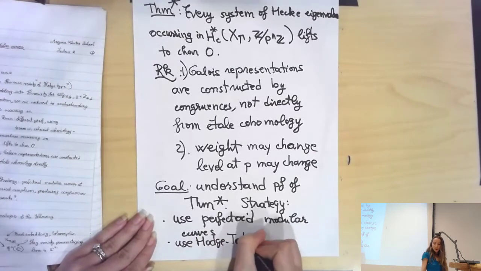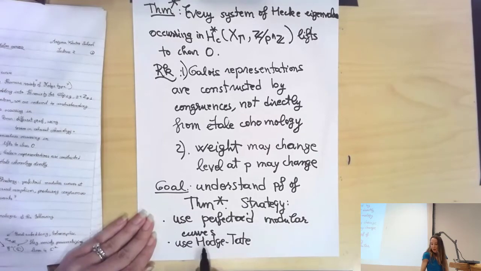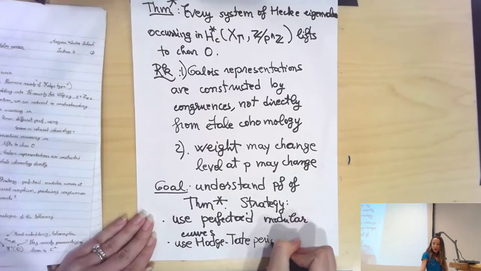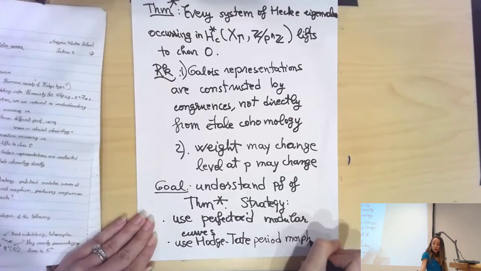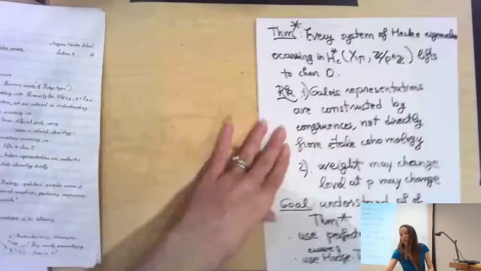So maybe the goal for today is to talk about perfectoid modular curves, next time to talk about the Hodge-Tate period morphism, and the last one is how you actually produce congruences. Let's mention that the last step is to produce congruences.